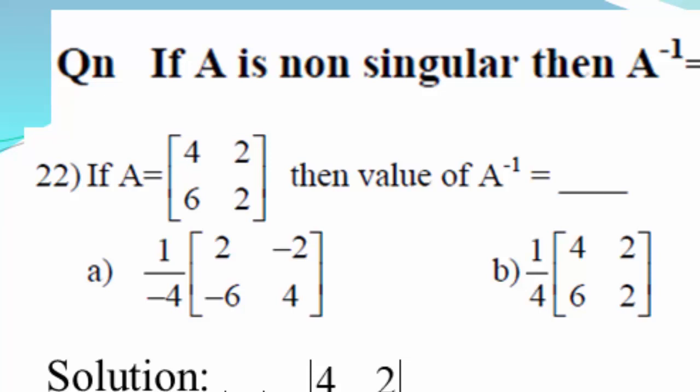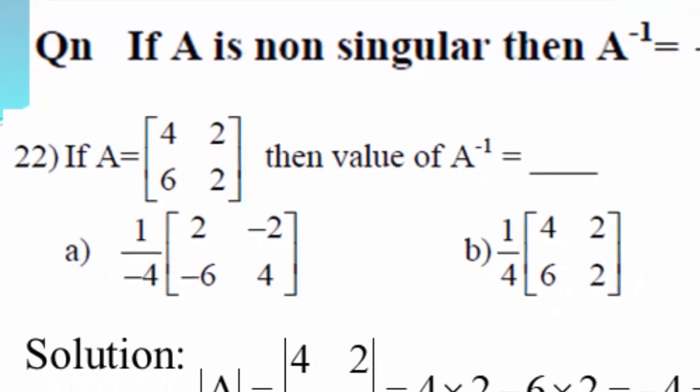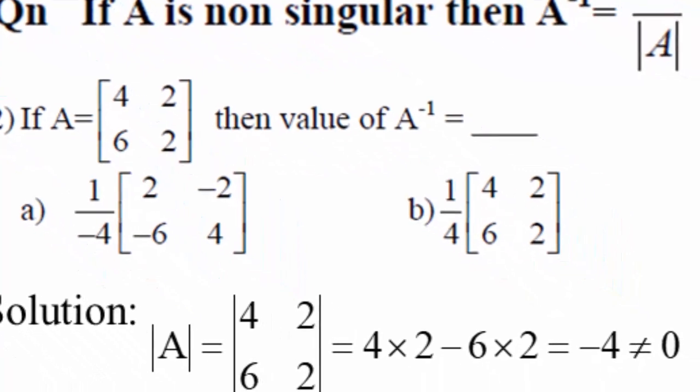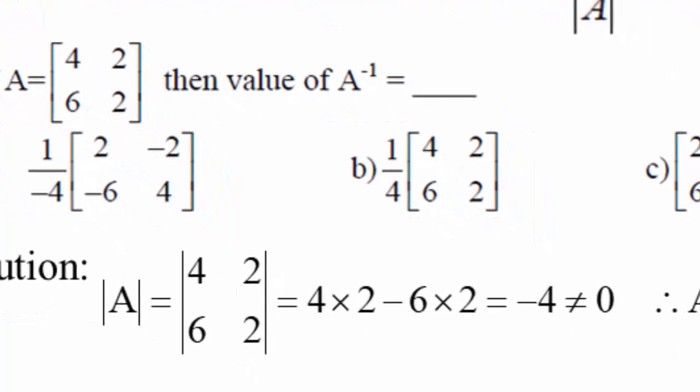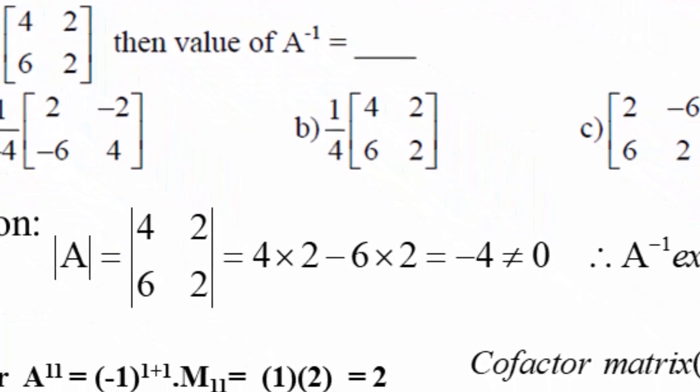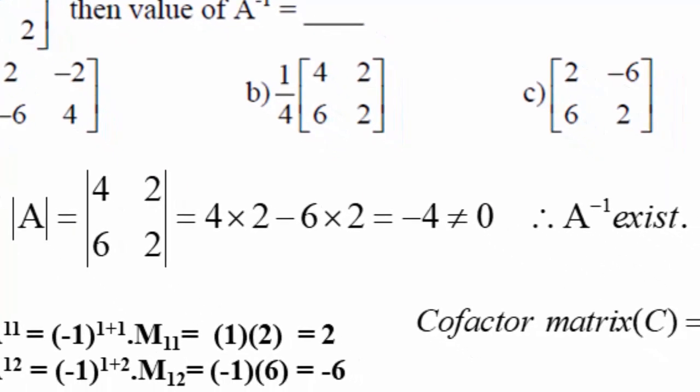Dear students, let us find the determinant of A. So, determinant of A is the determinant of [4, 2; 6, 2], which is equal to 4 into 2 minus 6 into 2, that is 8 minus 12, which is equal to -4, not equal to 0. Therefore, matrix A is invertible. Therefore, A inverse exists.